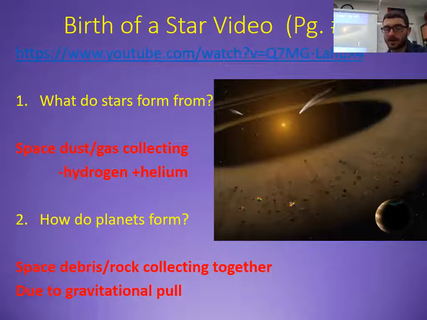So kind of separating like different oils in a vial, that's how we're going to have the deviating difference in our planets, right? Okay. So again, space dust and gas for the stars, and the debris and rock for the planets. So let's move on to our main stuff.